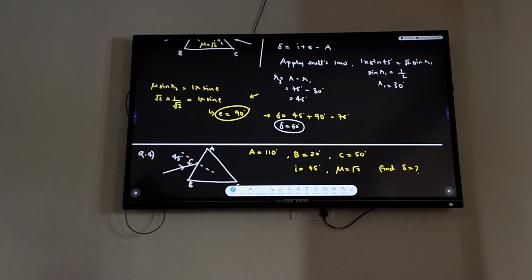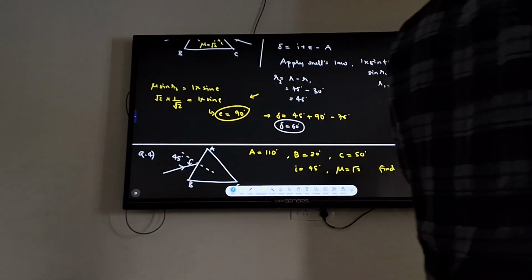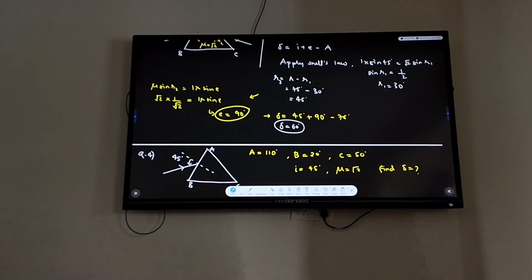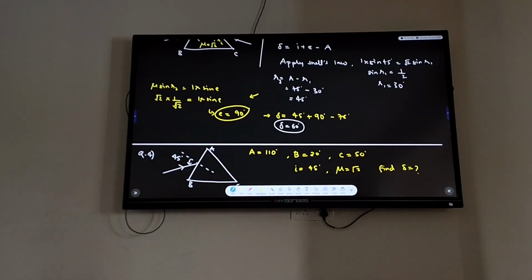That's critical angle. Critical angle of what? Incorrect. Do not forget to take into consideration that the third surface may also refract.